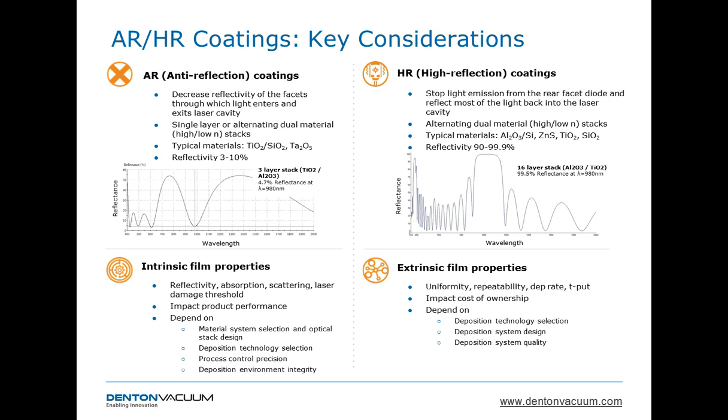On the other hand, we have highly reflective coatings, HR, and their purpose is to stop light emission from the rear facet of the laser diode and to reflect most of the light back into the laser cavity. So while AR coating had a requirement of 3 to 10% reflectivity, the HR would have greater than 90%, or in some cases greater than 99.9% reflectivity requirement for the physical properties.